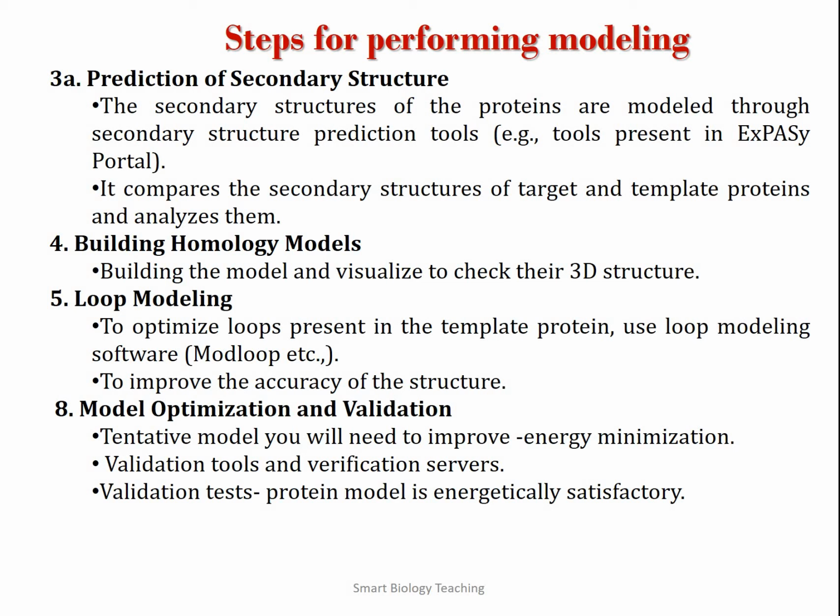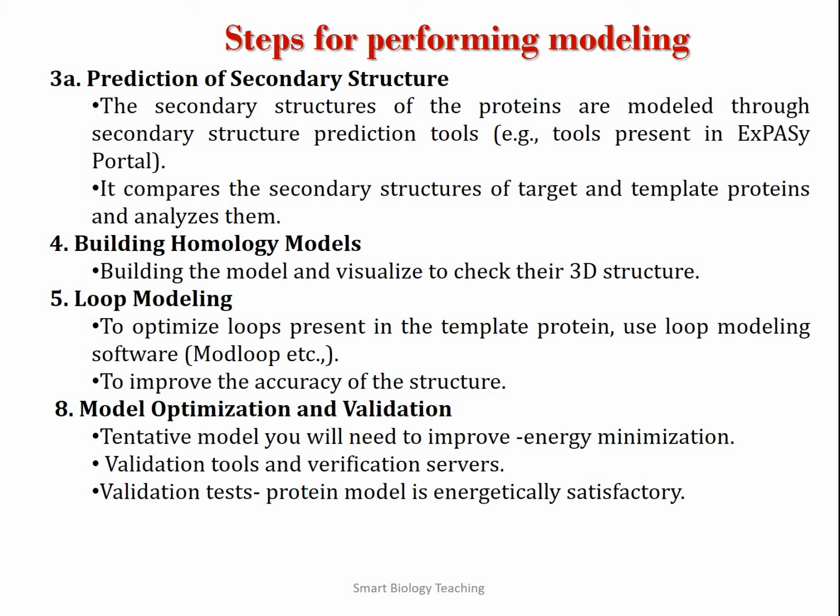Then comes prediction of the secondary structure. For example, if in a protein sequence you have a beta hairpin, and in your model you don't have the beta hairpin, you have to compare the predicted secondary structures and see them.